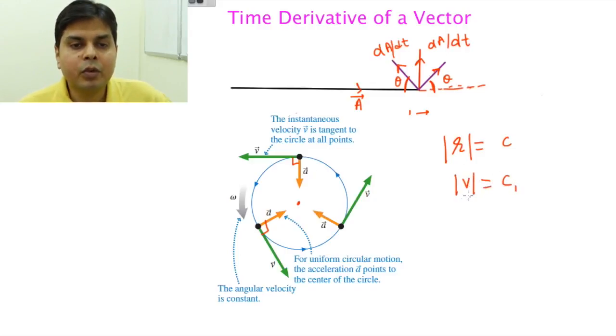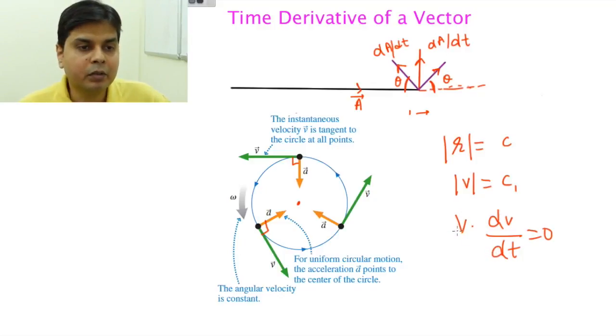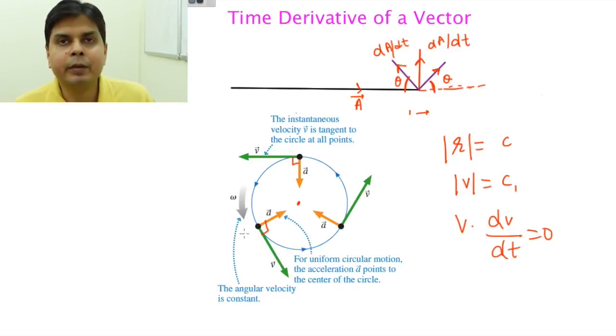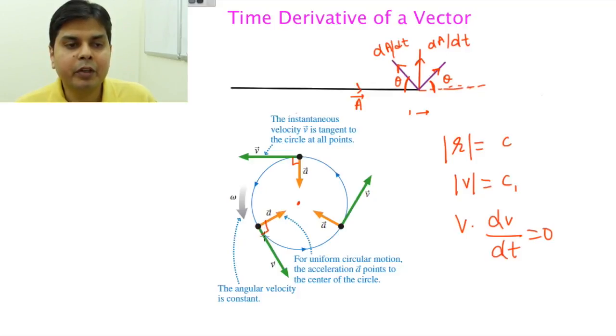So in this case, what I can say is v dot dv by dt is equal to 0. So this dv by dt, that is acceleration, has to be perpendicular to velocity. So since velocity is in this direction, my acceleration has to be either in this direction or in this direction. Ultimately we will prove subsequently that it is inside. So acceleration is also towards the center, or it is perpendicular to the green velocity vector.